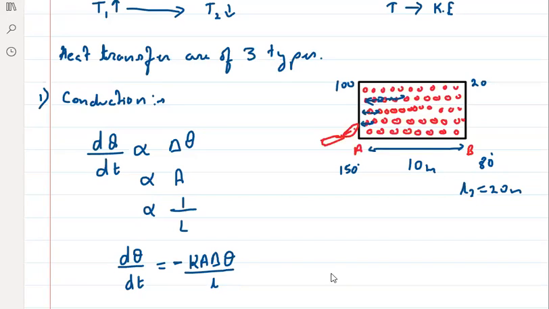So this is the expression: minus K A delta theta by L for the rate of heat transfer, or I can just write it as I T. What is I T? It is also called heat current. I hope all of you remember the concept. Got it? Anyone have any issues?